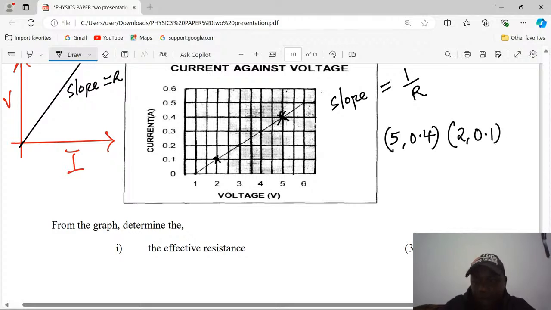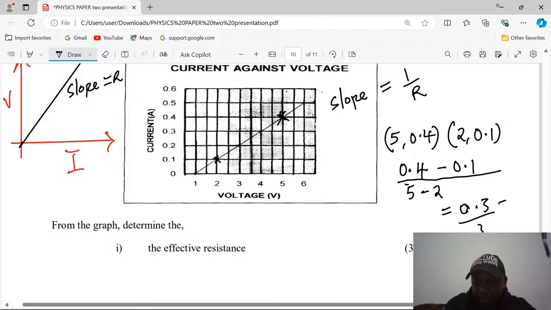So now we can get slope by taking change in y over change in x. The first y is 0.4, the second y is 0.1. Then we can also take 5 minus 2, which is 3. So 0.3 divided by 3 is going to be 0.1.